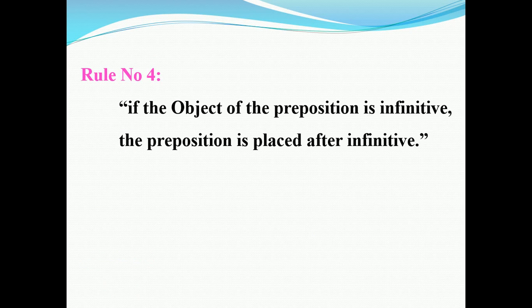And the fourth rule says that if the object of the preposition is an infinitive, the preposition is placed after the infinitive. What is an infinitive? Infinitive means the base form of a verb. Usually how do we form the base form of a verb? Let's see one example. I need a pencil to write with.